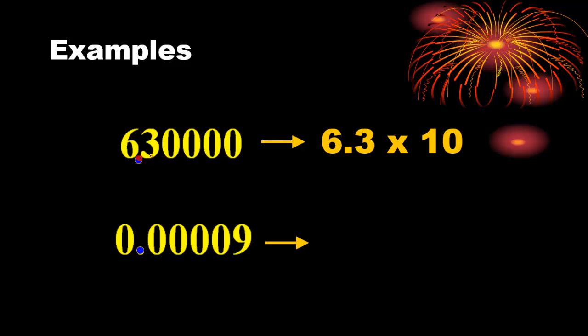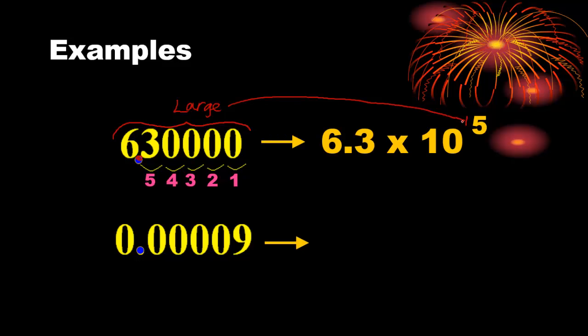So we write 6.3 times 10. Now we're going to count how many places we went over. So 1, 2, 3, 4, 5. And we put that as our exponent. Now, do we keep it positive or negative? That depends. Our original number, our 630,000, well, that's a large number. So it's going to give me this positive exponent.